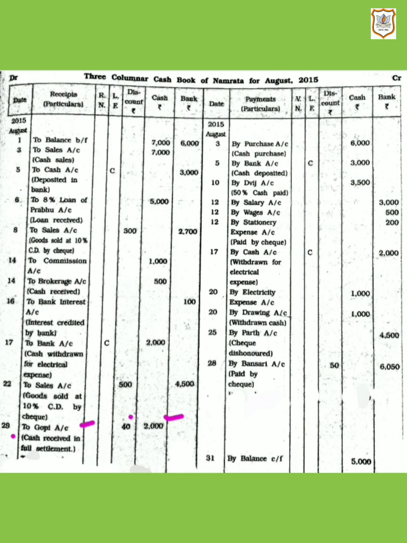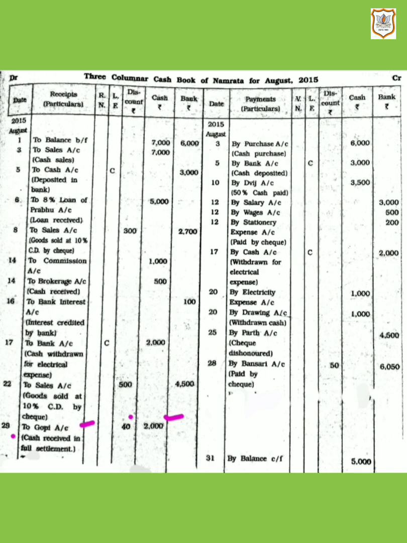Now next transaction, date 31st. After keeping cash on hand of rupees 5,000, the remaining amount is deposited in the bank. So here it is given that after keeping cash on hand, that means the closing cash balance is given.